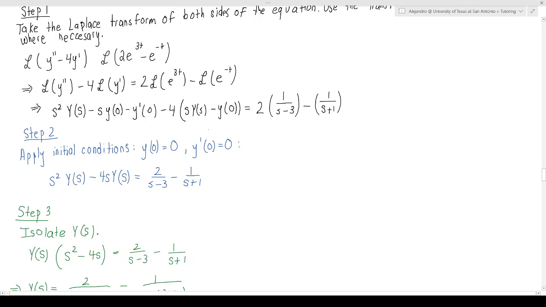So we have to apply the initial conditions. Fortunately, in this problem, y of 0 is equal to 0 and y prime of 0 is equal to 0, so the problem becomes a little bit more simplified because we can eliminate these terms, since they're all 0. And applying the initial conditions, we get this term here.